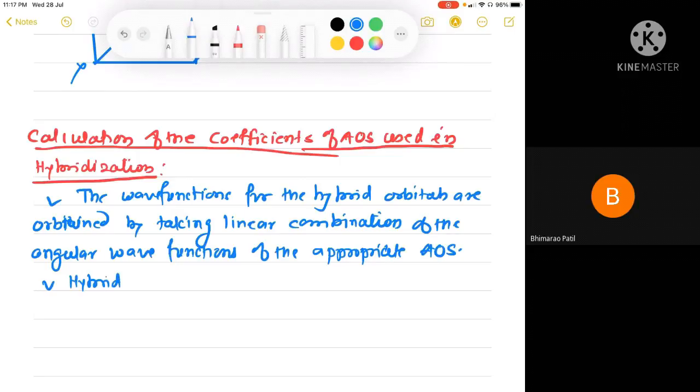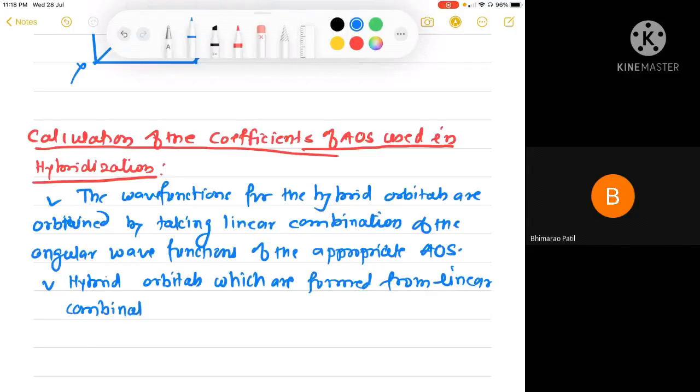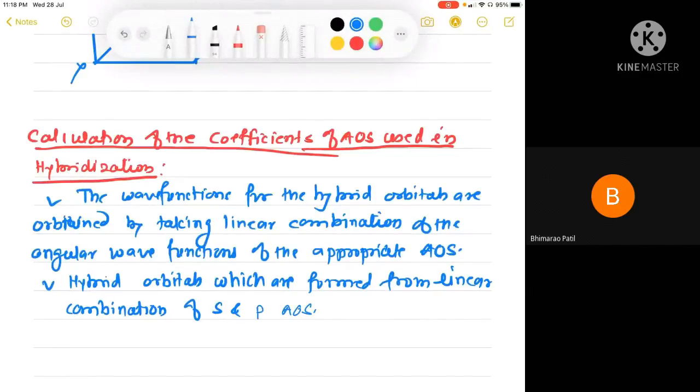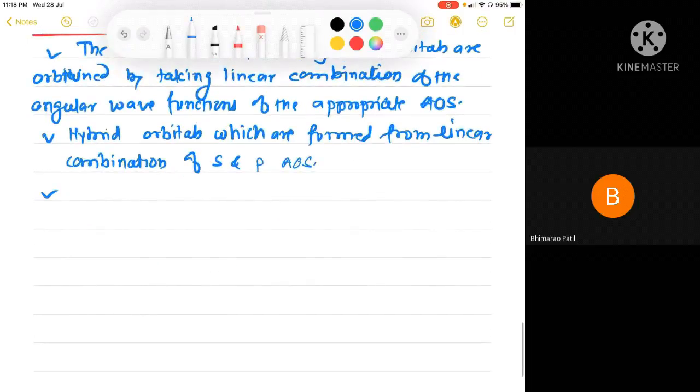Hybrid orbitals which are formed from a linear combination of s and p. Suppose you want to find the wave function for the ith hybrid orbital formed from s and p atomic orbitals.